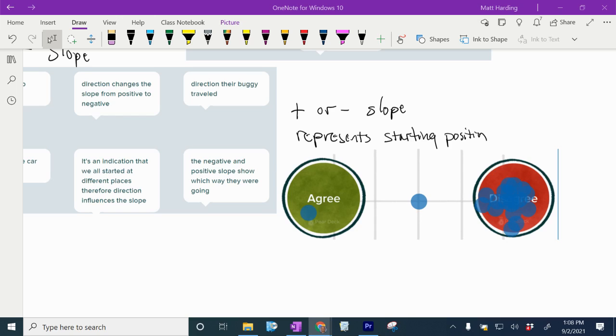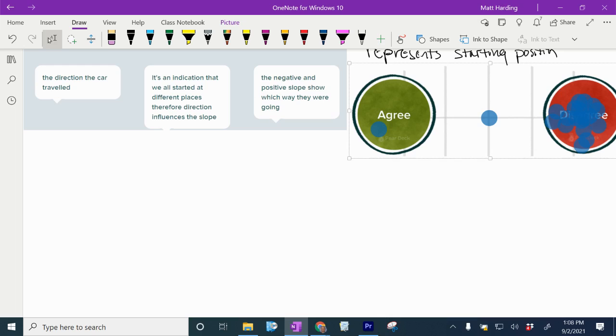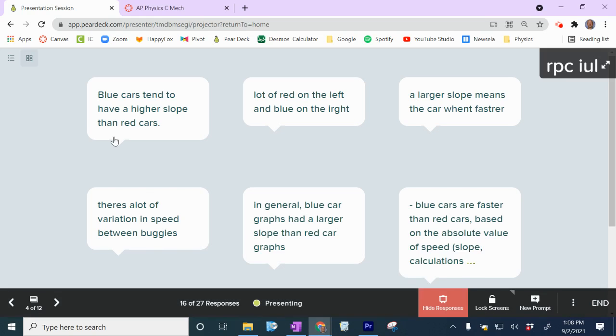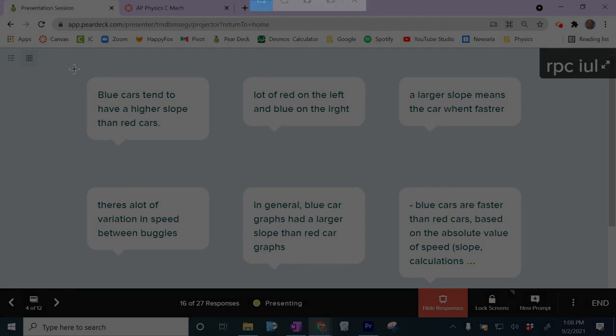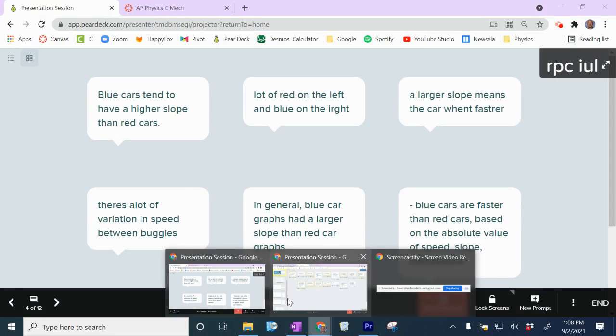All right, you're picking up what I'm putting down. Friends notice things like blue cars tend to have higher slopes than red cars.